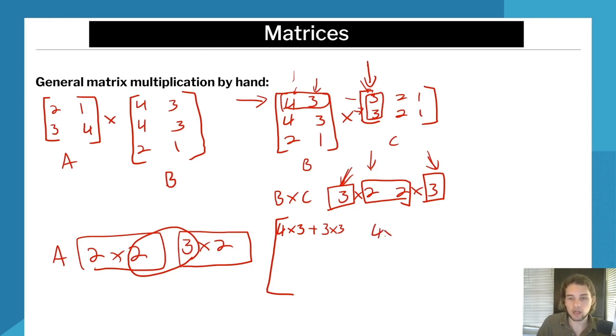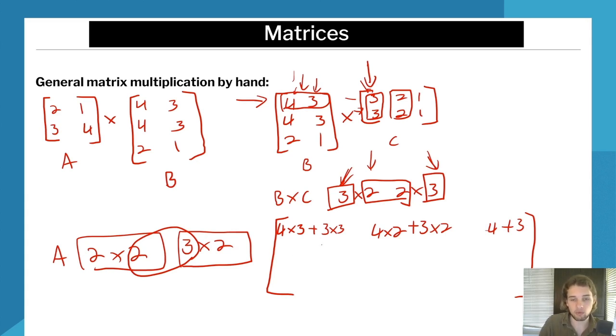So that's 4 times 2 plus 3 times 2, multiplying this again by that this time. Now we want to get row 1, column 3, so that's over here. We want to do row 1 times column 3, so that's 4 times 1 plus 3 times 1. And that's our first row.